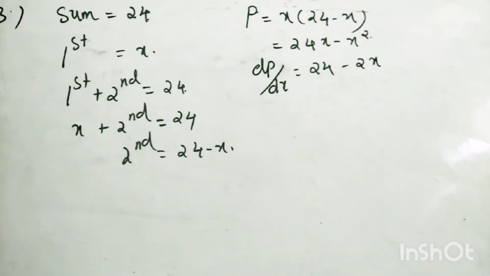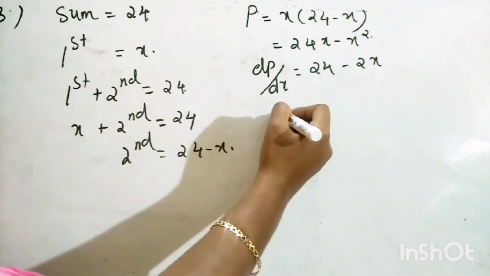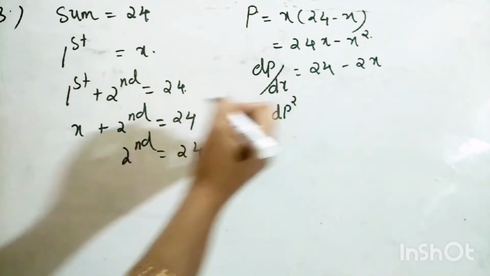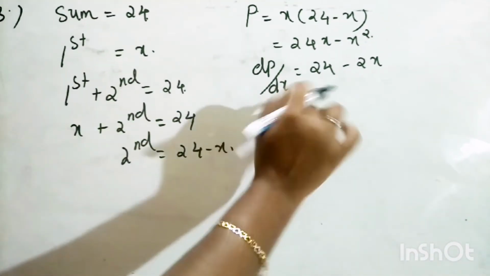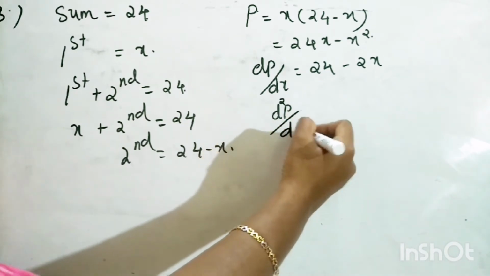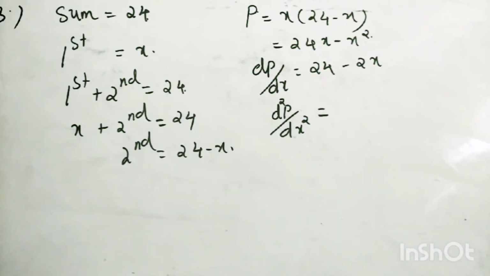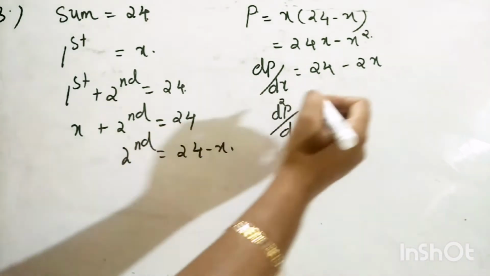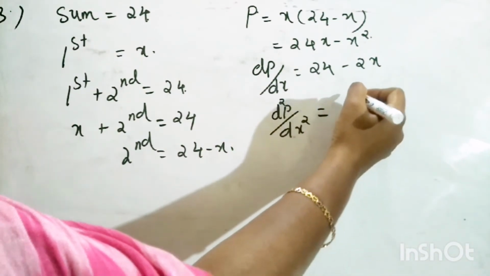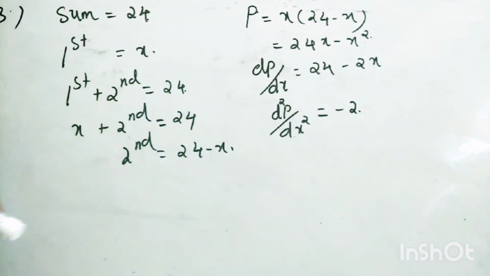And d square p by dx square, that means the second order derivative: the derivative of 24 is 0, and minus 2 we will get.